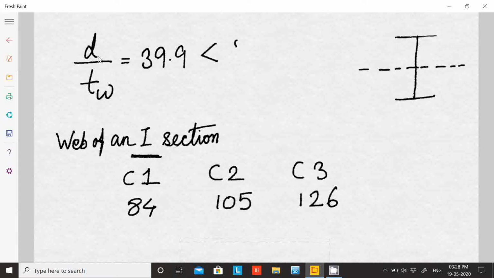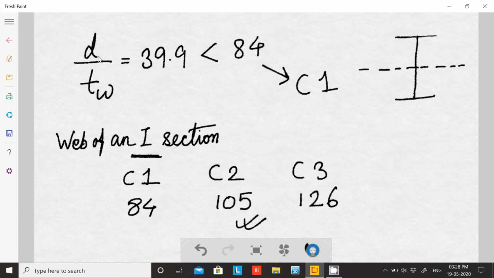If your value is within 84 to 105, like 86, 90, 102 up to 105, it is class 2. And if your value is like 106, 110, 115, 120 up to 126, it will be class 3. So that is the concept of classification.